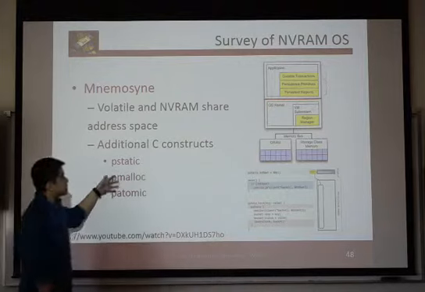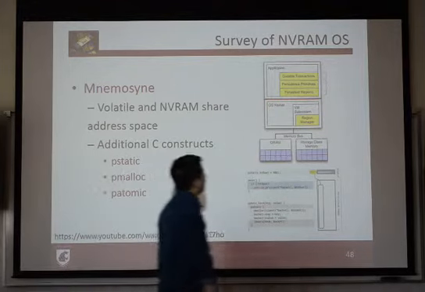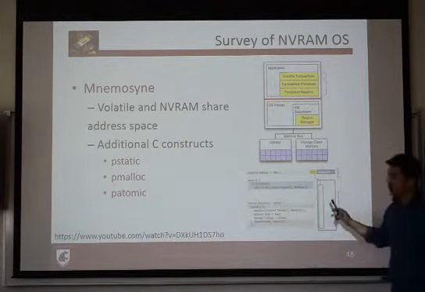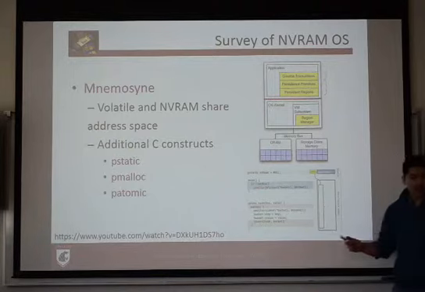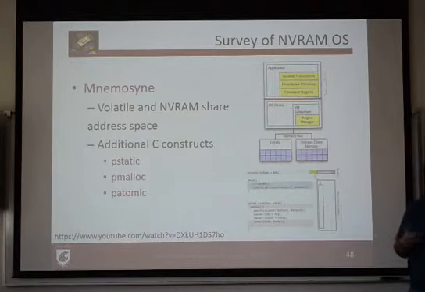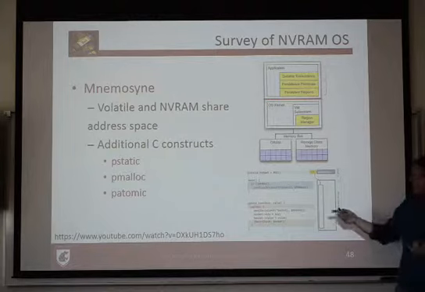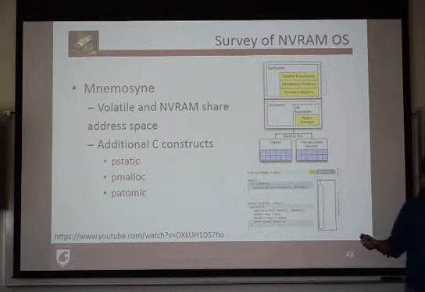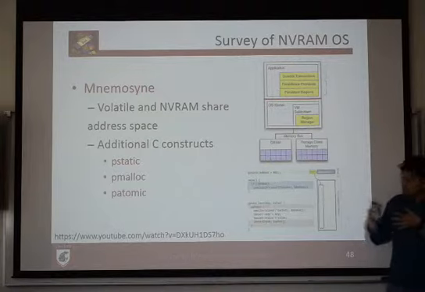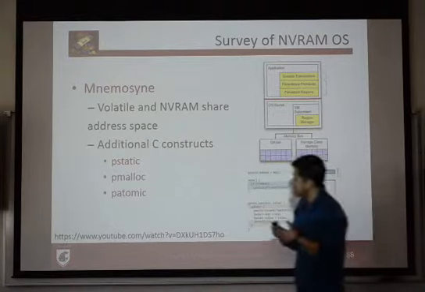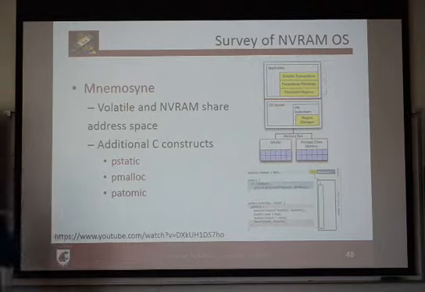So that's what they did. But the biggest problem they had with this system is that programs can't really share files because their address space is just their own. The processes have their own address space. So they made another system called ARI, which I'll talk about after the next one.